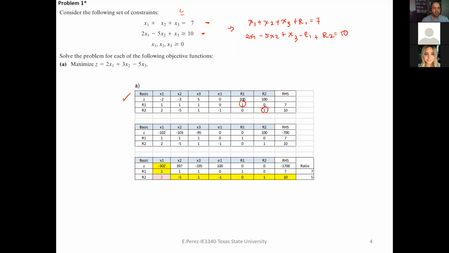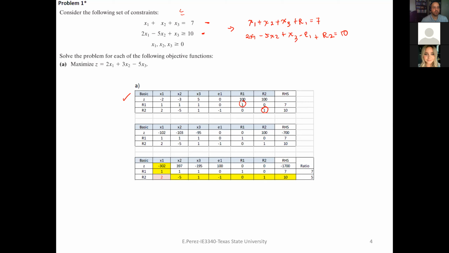When you have less than or equal to constraints, you always have access to the slack variables, and the slack variables provide you with an initial solution quickly. But that's not the case when you have constraints that are equality or greater or equal to.